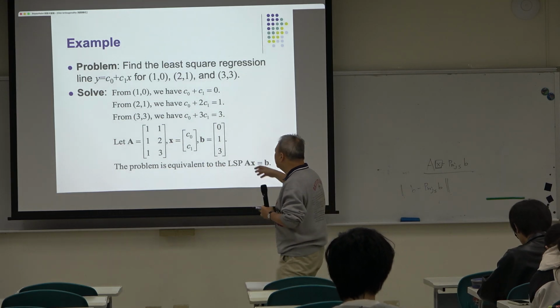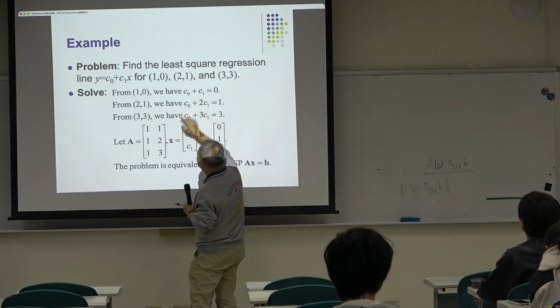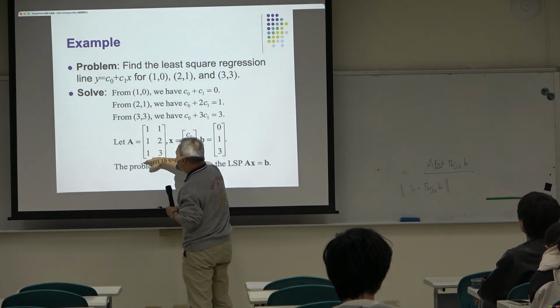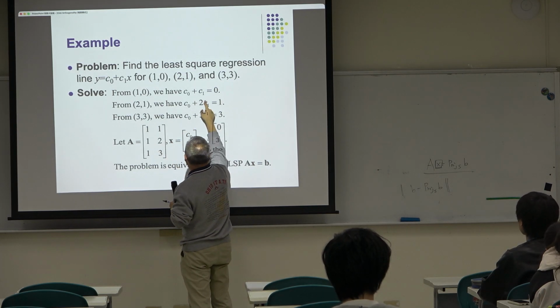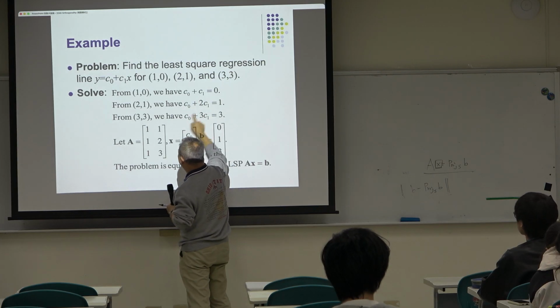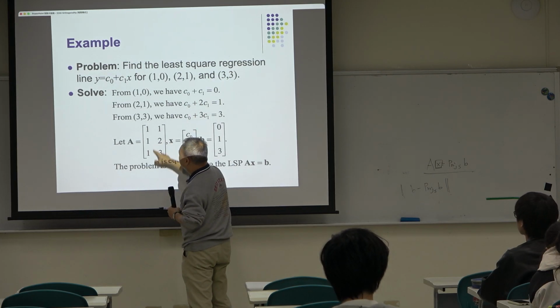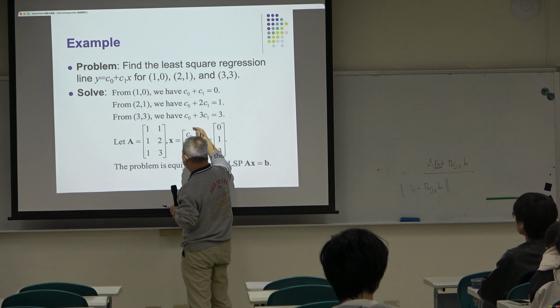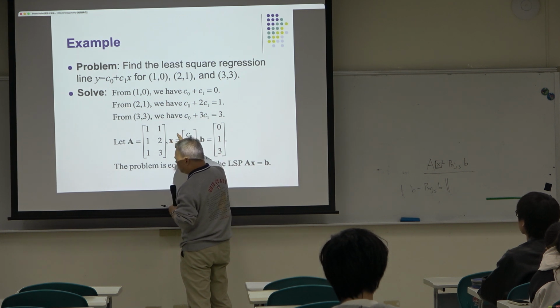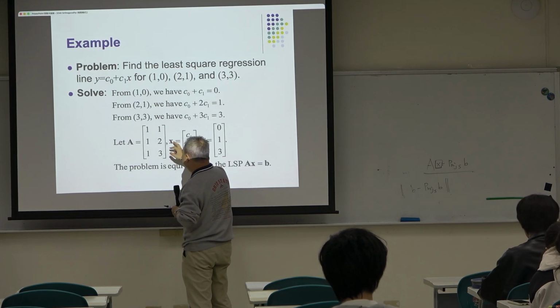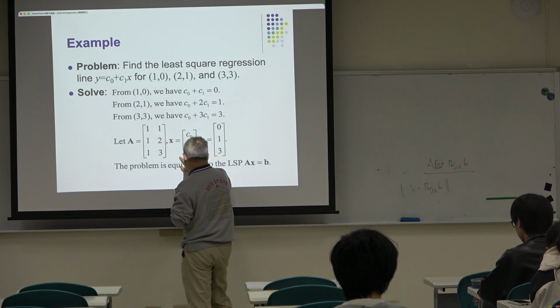So basically this is the matrix A: 1, 1, 1, 2, 1, 3. x is c0, c1. Actually, it's x prime. If you look at that normal equation, this is supposed to be x prime, but that's fine, you get the idea.